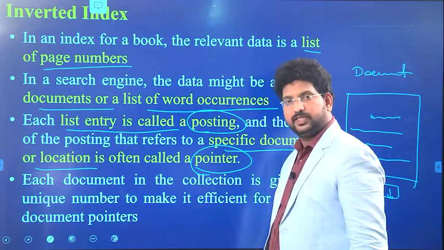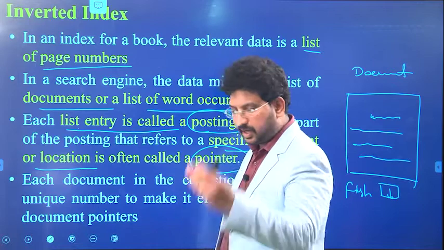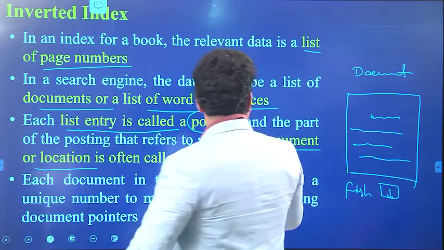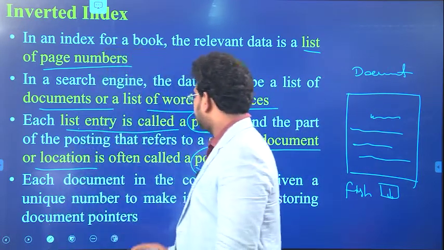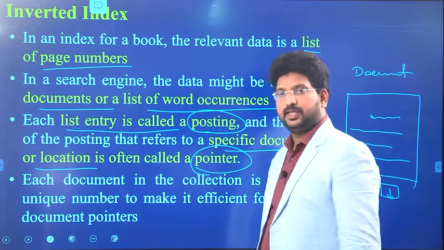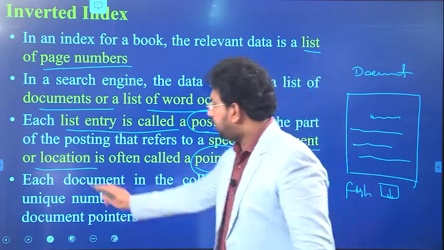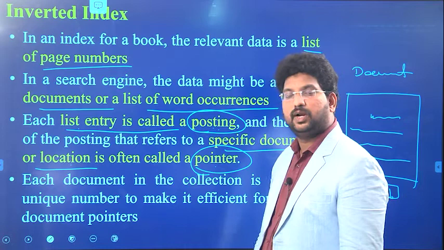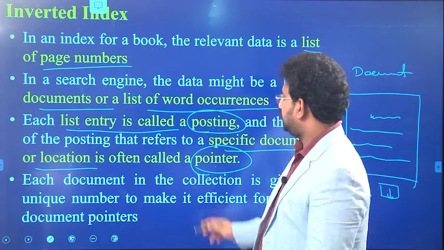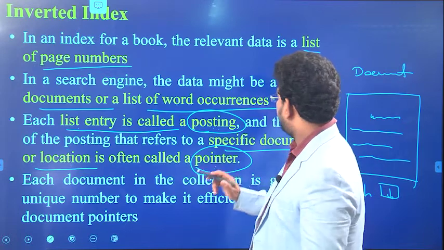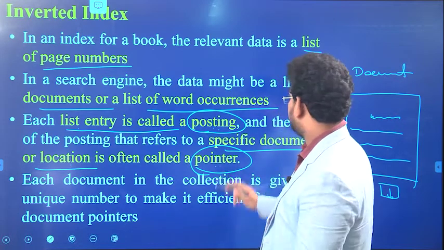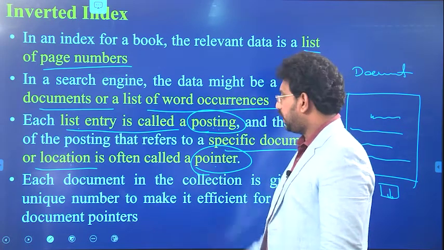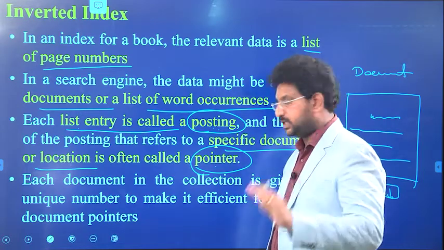If you see this point once again, each list entry, there are a number of entries, we simply call a posting, and the part of the posting that refers to the specific document or location is often called a pointer.